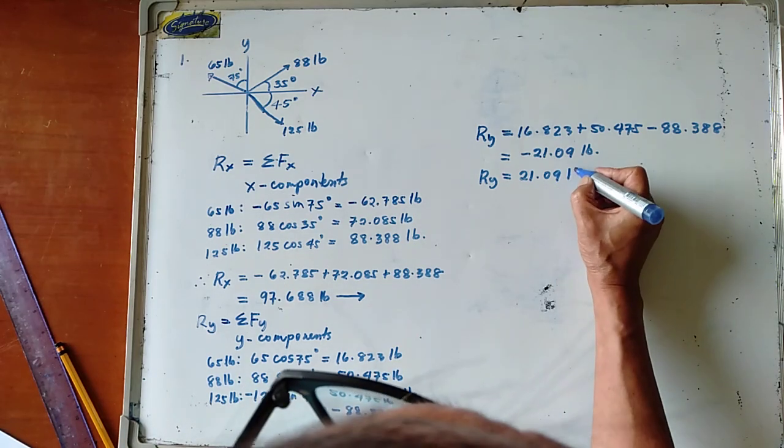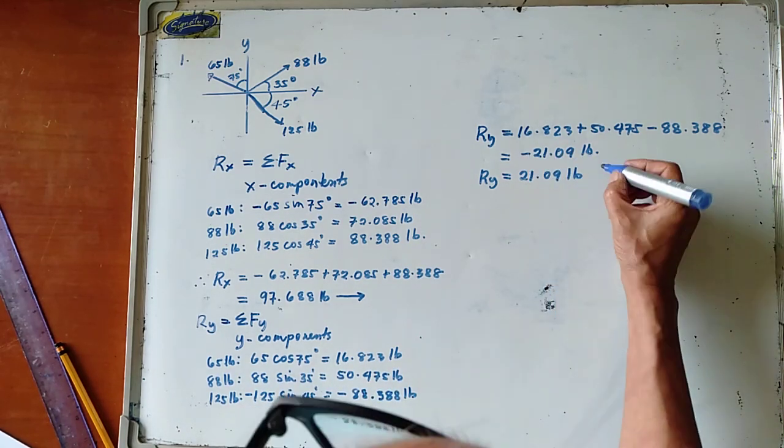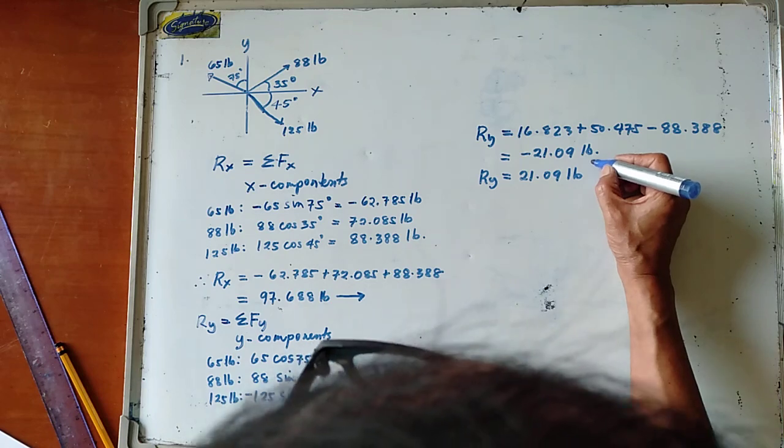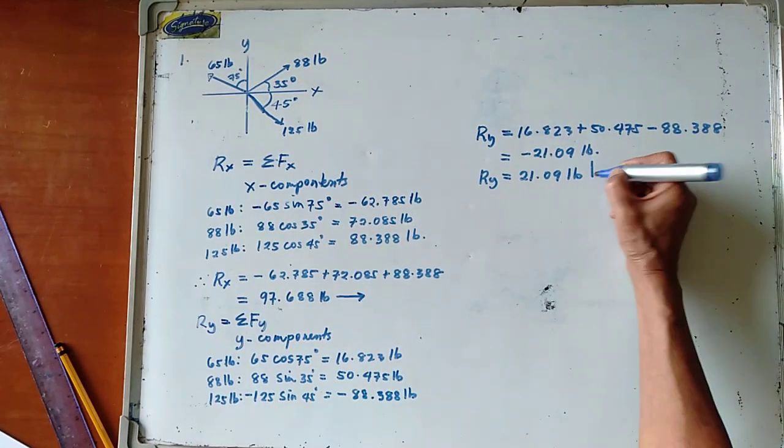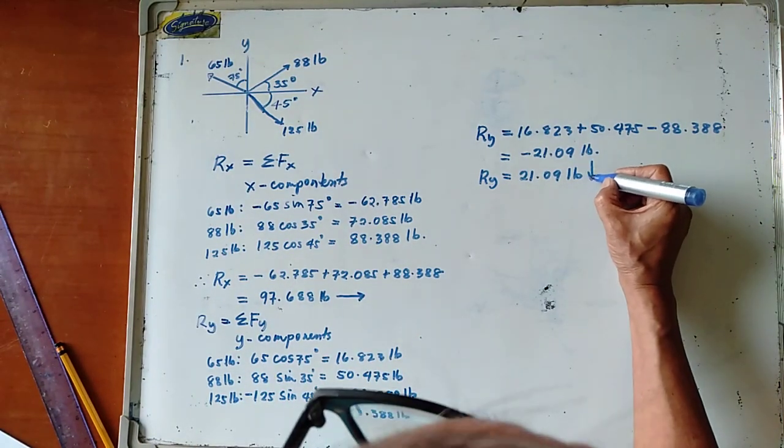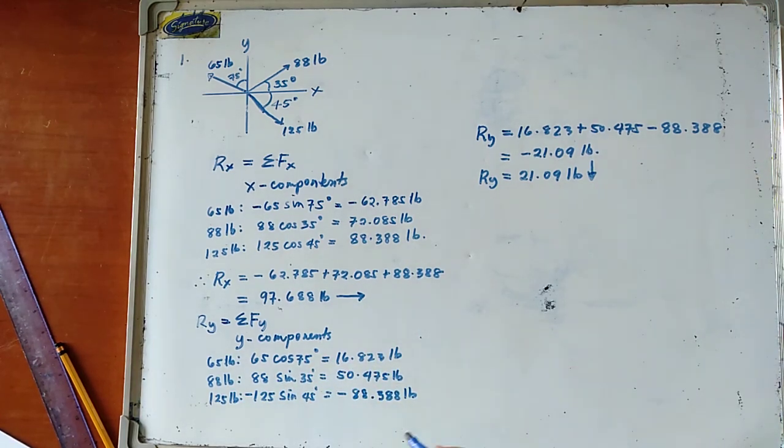The negative sign indicates that the component of the resultant in the y-axis is going downward.